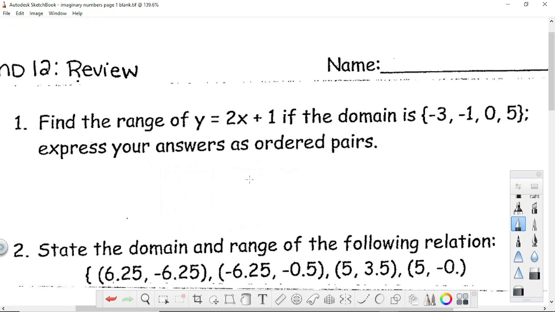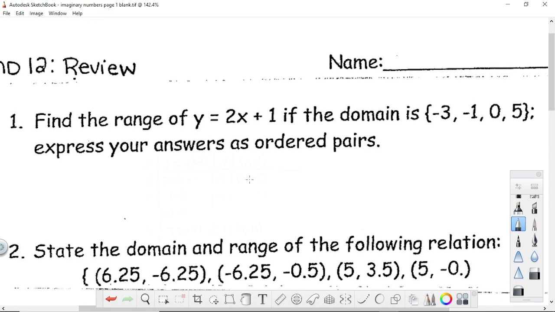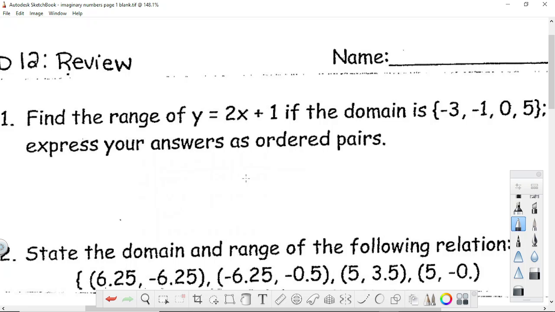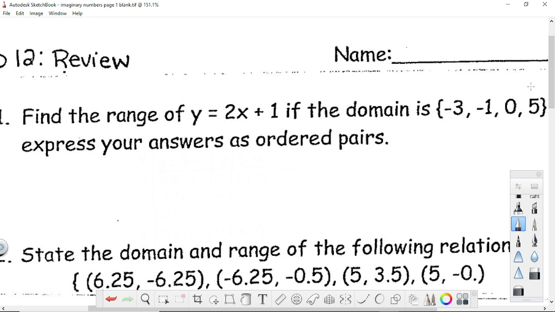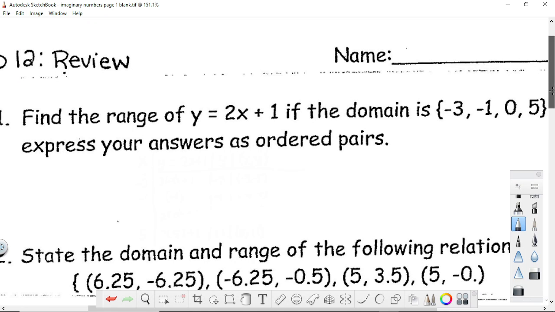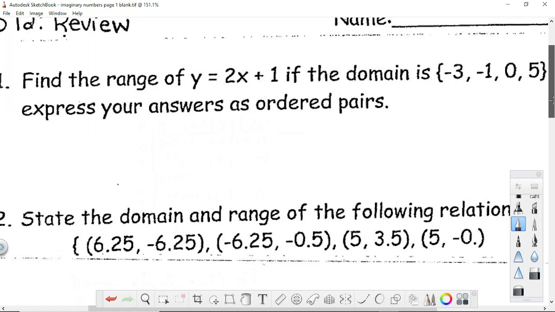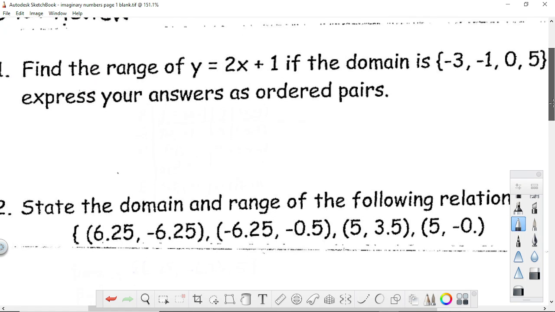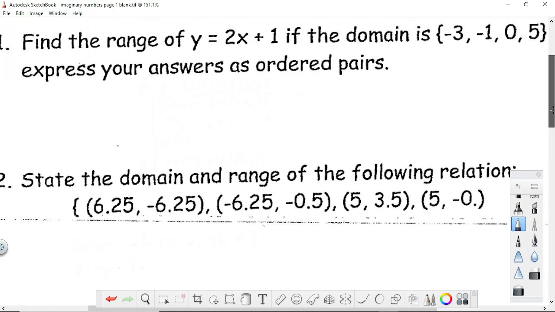This first one says find the range of y equals 2x plus 1 if the domain is, and it gives 4 different values for x, and it says express your answers as ordered pairs. So we want the range, and the domain is just those 4 values.